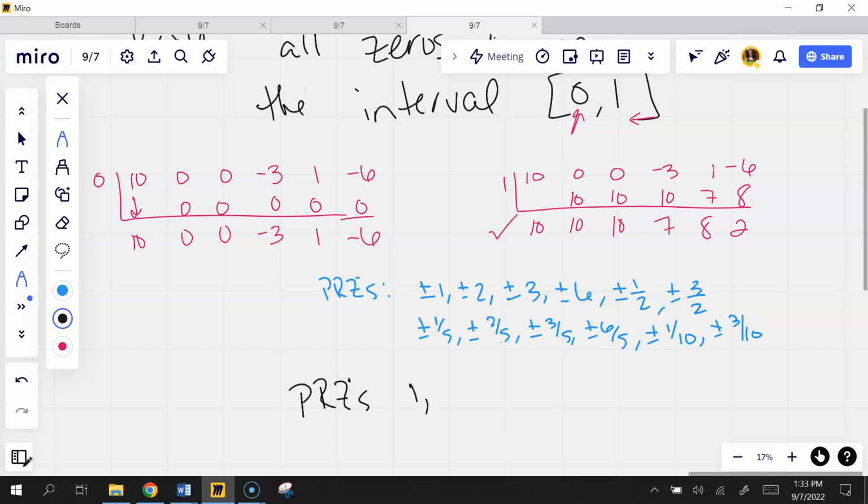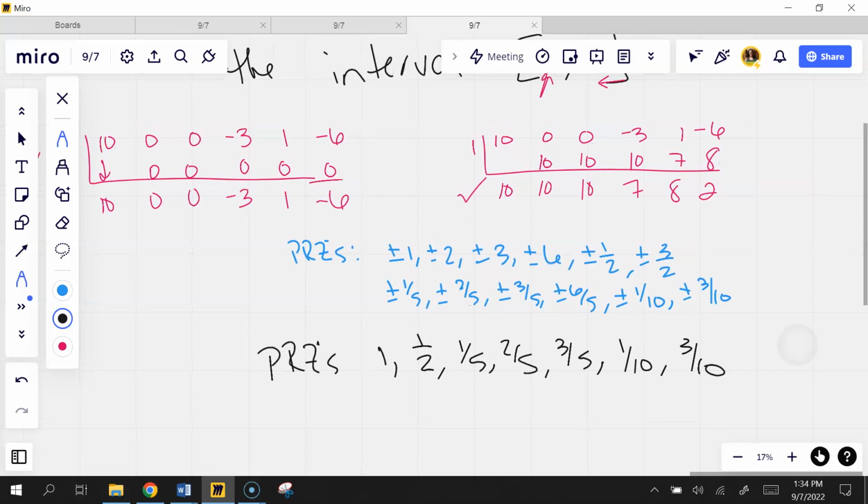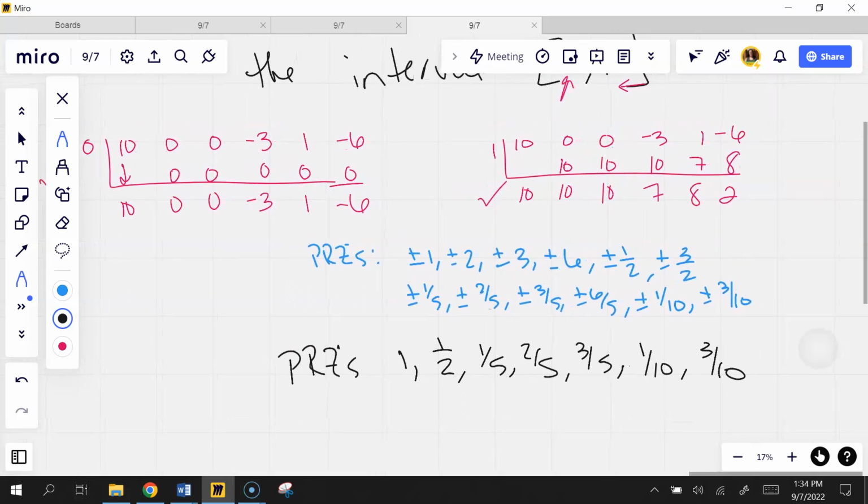So I could do 1, I can't do -1, 1/2, 1/5, 2/5, and I'm only taking the positives. 3/5, 1/10, 3/10. I've now drastically reduced my possibilities. My lower bound is 0, my upper bound is 1.